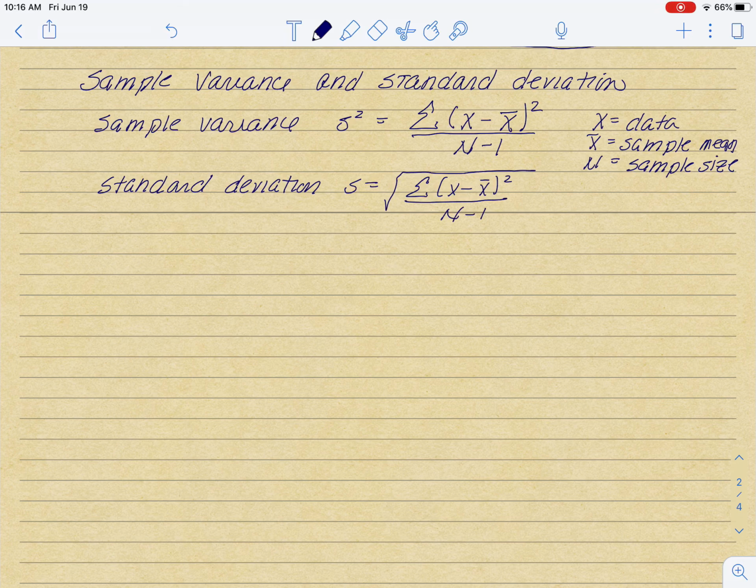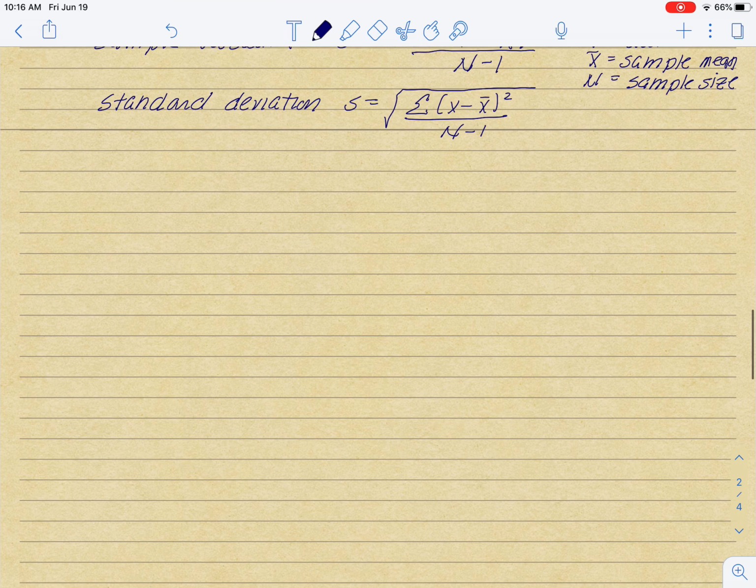Okay. Now, the problem is that although this looks nice, and the next formula that I'm going to use doesn't look as nice, it turns out that it's a much easier formula to use when calculating the sample variance and standard deviation. So the formula used to calculate s squared and s is this one.